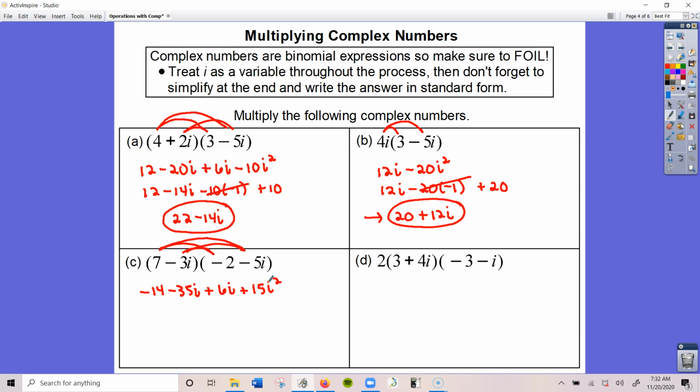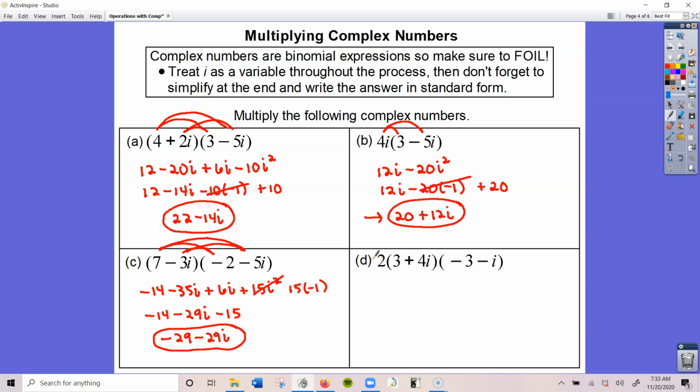Remember that this is equivalent to 15 times negative 1, which is equal to negative 15. So negative 14, negative 35i plus 6i is negative 29i, and then minus 15. So we just combine those real parts. Negative 14 minus 15 is negative 29 minus 29i.